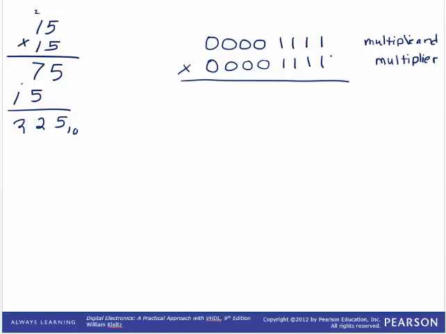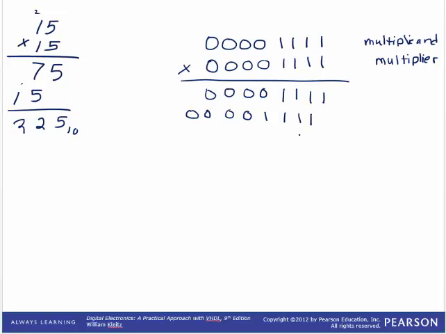I'm going to take my first multiplier, which is 1, and multiply it times the multiplicand. So pretty straightforward. 1, 1, 1, 1, 0, 0, 0, 0. Take the next digit of the multiplier, which is 1, and do the same thing. So 1 times the multiplicand. 1, 1, 1, 1, 0, 0, 0, 0.